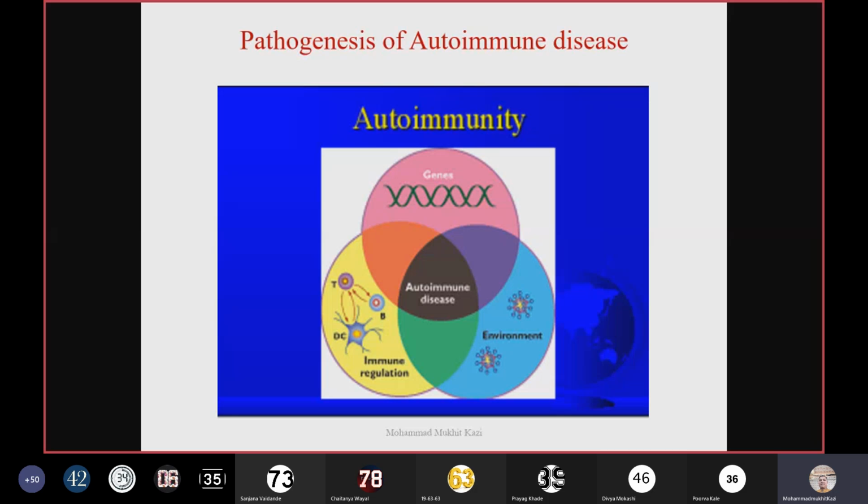Because there is no proper training to recognize self-antigens from non-self antigens, or sometimes your own antigenic determinants mimic bacterial or viral antigens, and your immune cells recognize them as non-self when they are actually self-antigens. That leads to production of antibodies, and those antibodies damage our own cells.